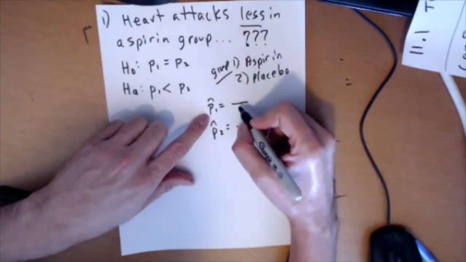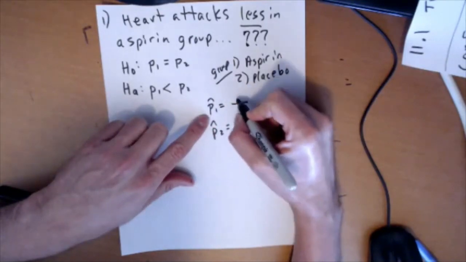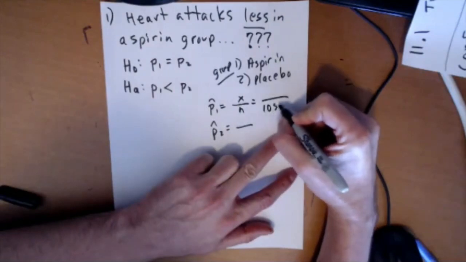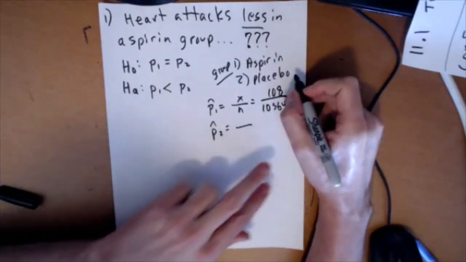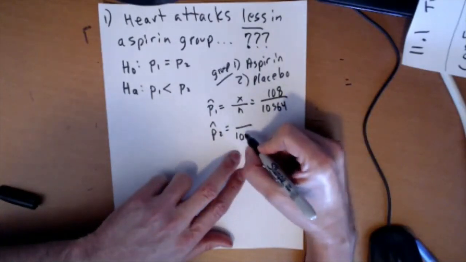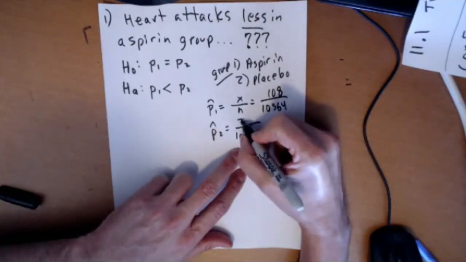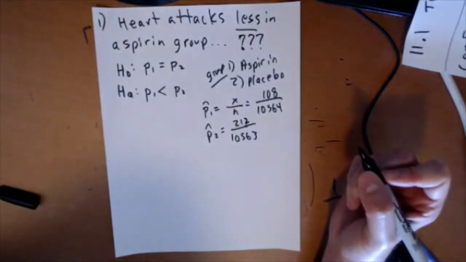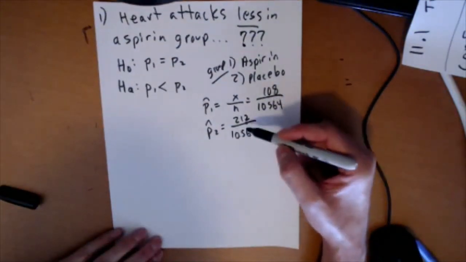In group 1, the aspirin group, we saw that out of n equal 10564 people, there were 108 heart attacks. In group 2, we looked at 10563 people, and there were x equal 212 heart attacks. So this is the sample proportion for group 1 and the sample proportion for group 2.